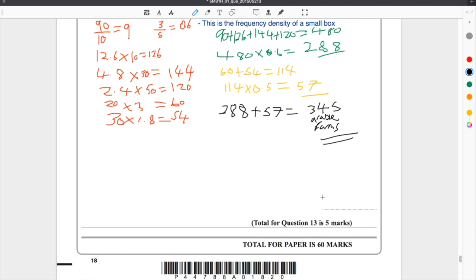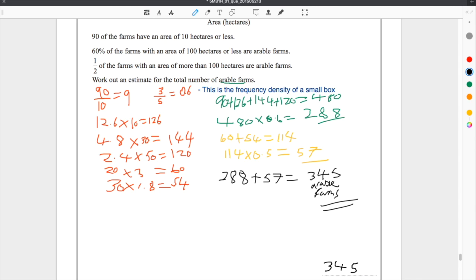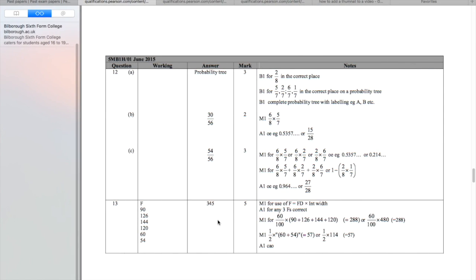So just to be clear, 345. To check that, we go to the mark scheme. And yeah, 345.